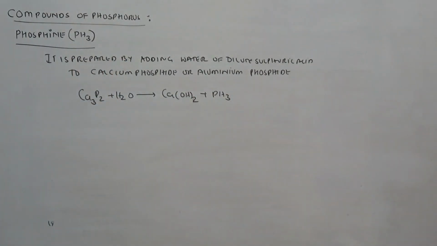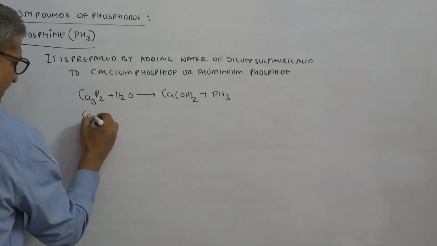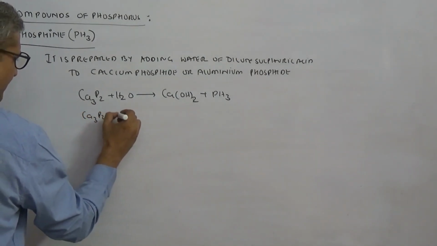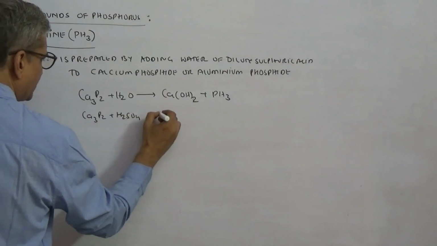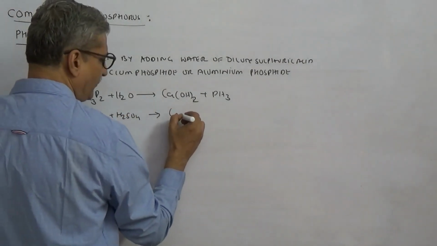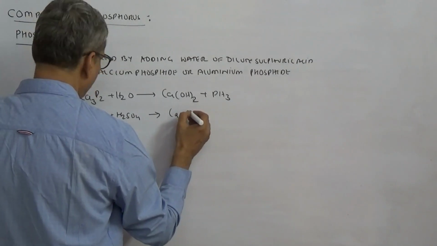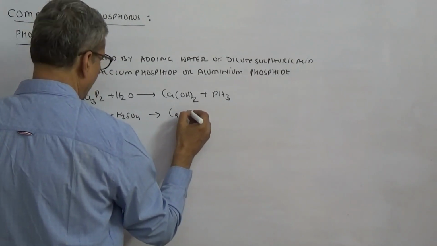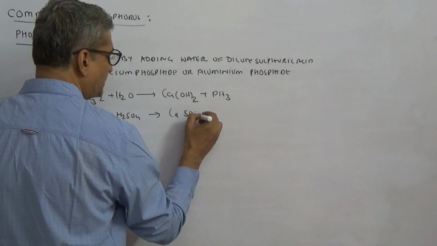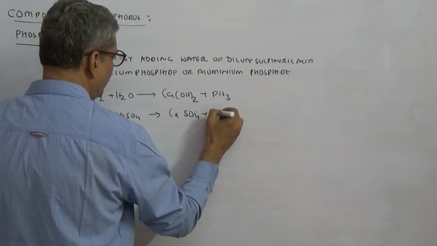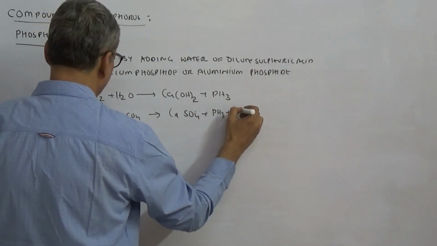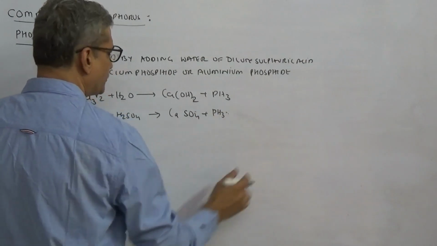We can also have calcium phosphide reacting with dilute sulfuric acid and giving you calcium sulfate, CaSO4, plus phosphine, plus we have H2.